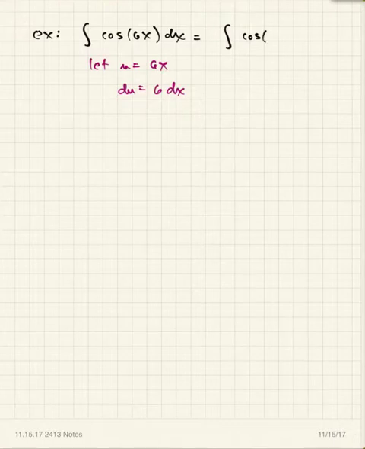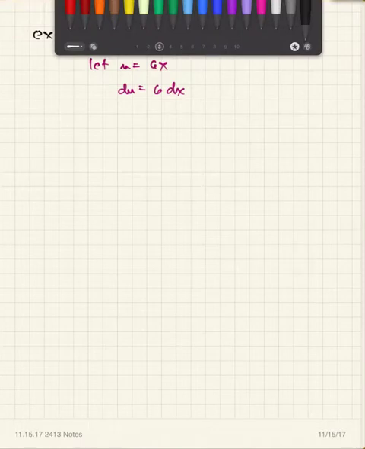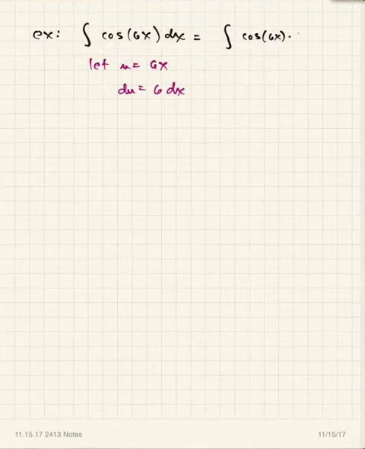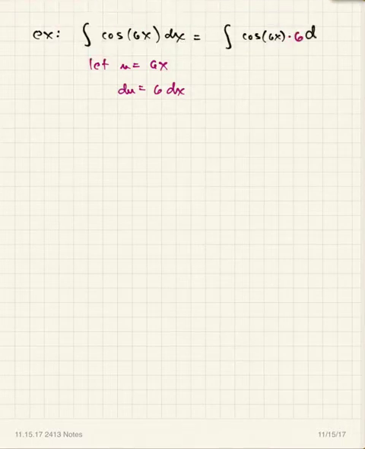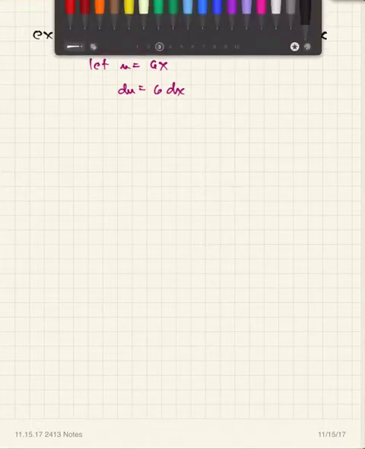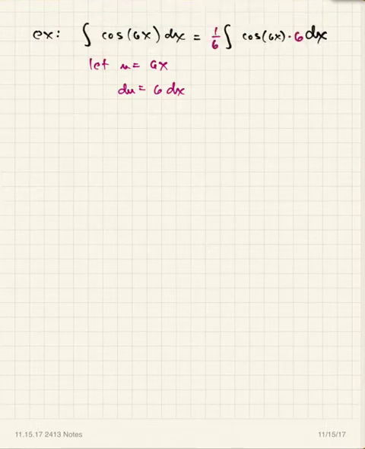So you have cosine of 6x, and then you multiply on the inside of this integral by 6, and there's my 6 dx, and then I put a 1/6 on the outside of the integral. I put the reciprocal of that constant on the outside. That means those cancel out. It's like I'm not doing anything at all here.